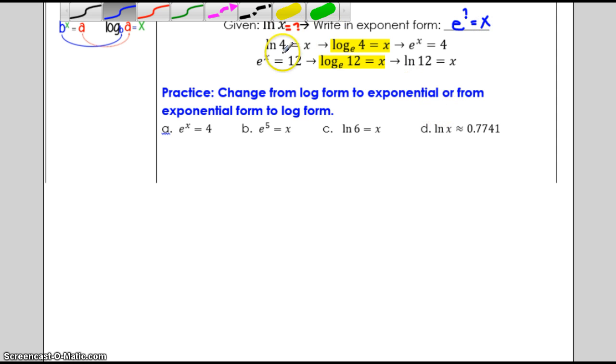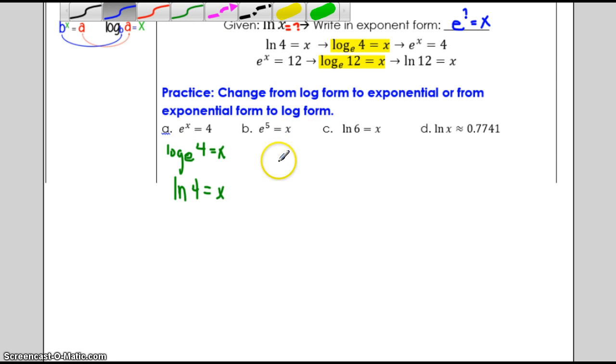Same way that we did logs, and here are two examples there for you. So let's do some down here. Base of e, so we're going to have either log base e of 4 equals our exponent x, or just ln, which is the same thing as the natural log, of 4 equals x.